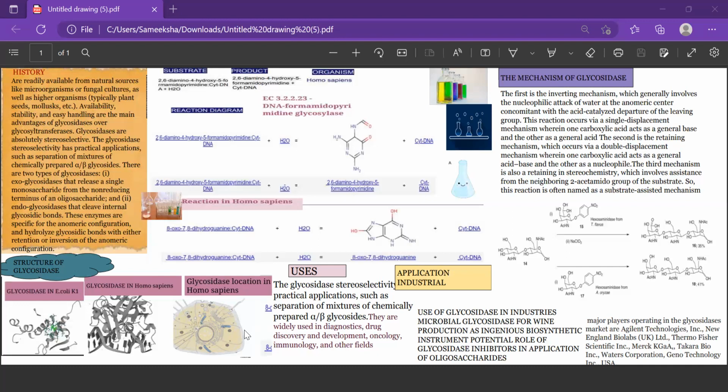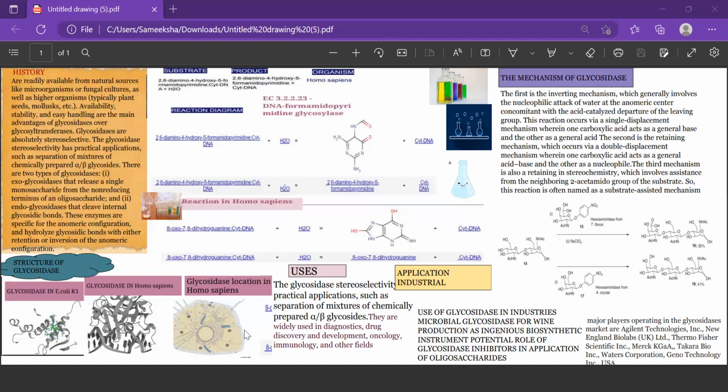Moving ahead with the reaction. Now I have got just one reaction from BRENDA, because it stated a lot of organisms in which glycosidase, as a substrate, helps in producing amazing products and helps in the life cycle.